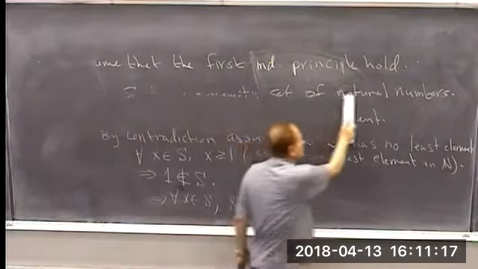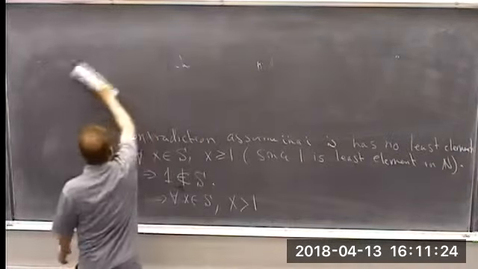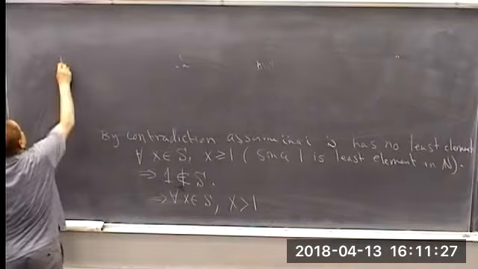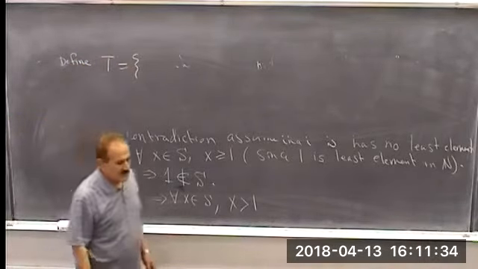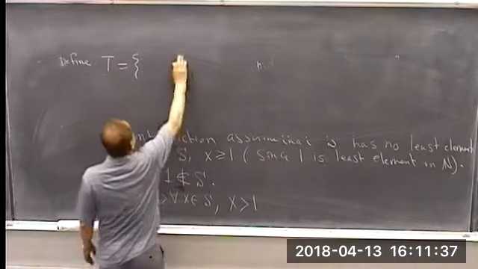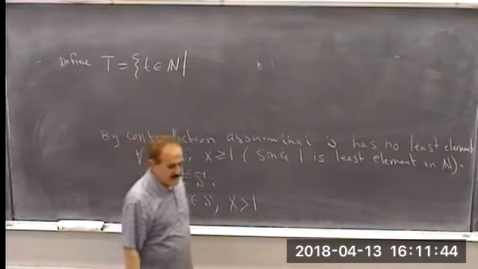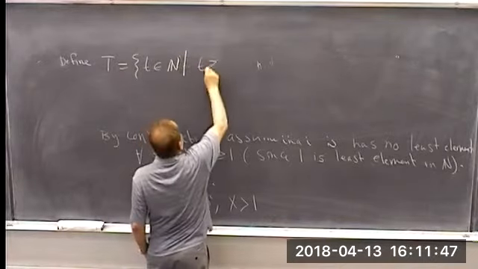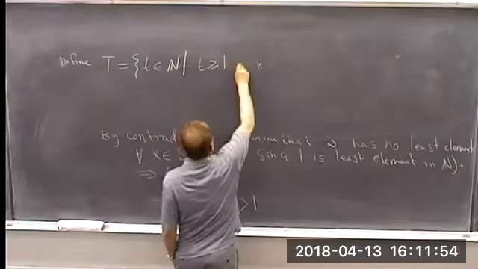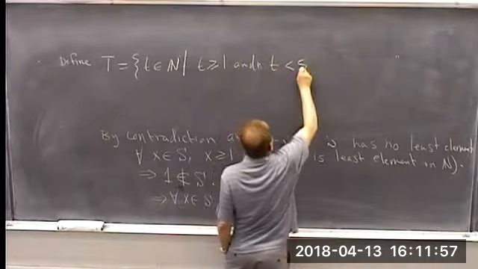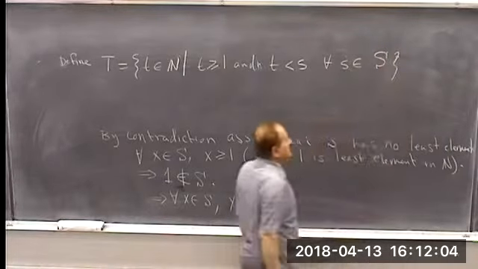So we're going to define this set T. Define T to be the set which consists of all t in N such that t is bigger than or equal to 1 and t is smaller than s for every s in S. All right?